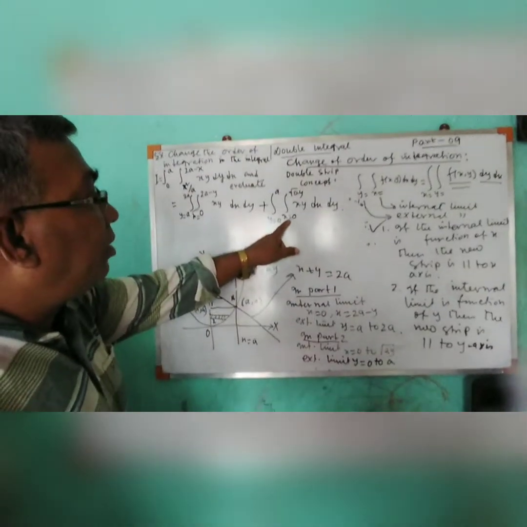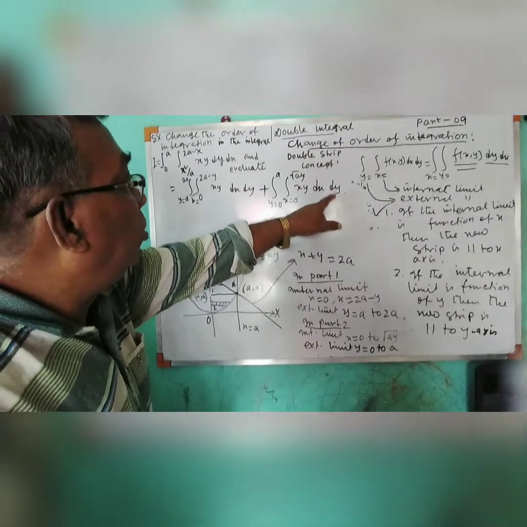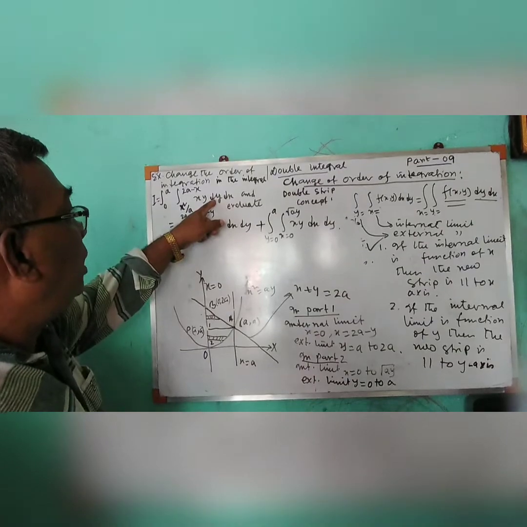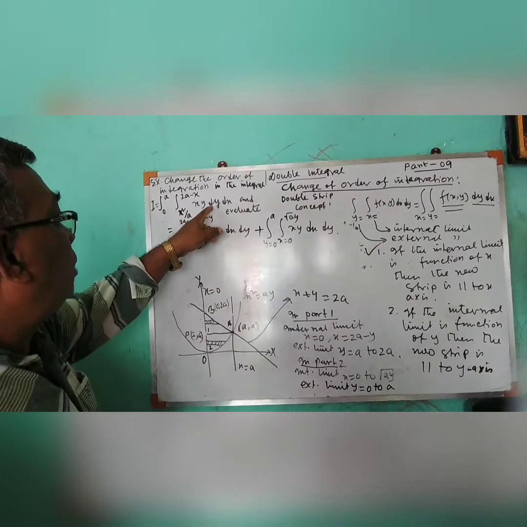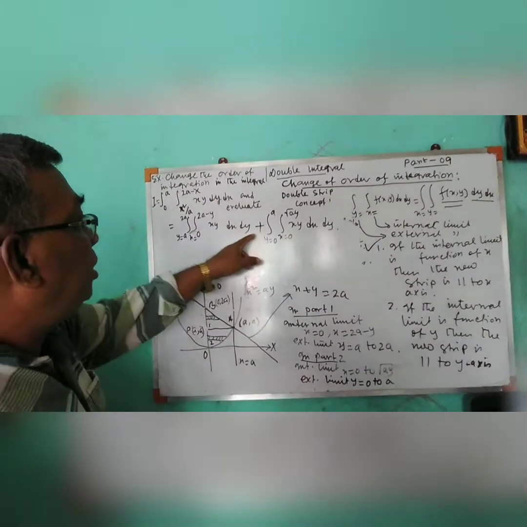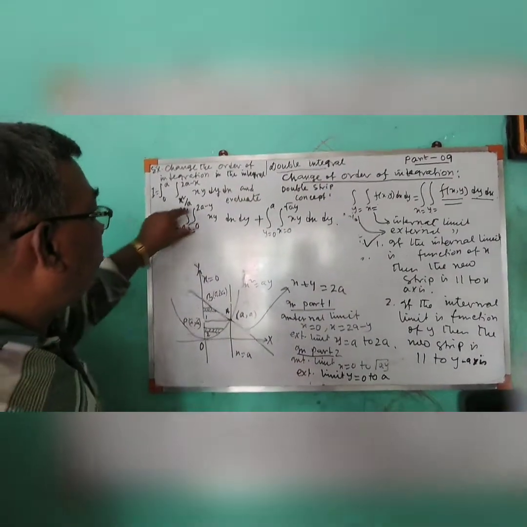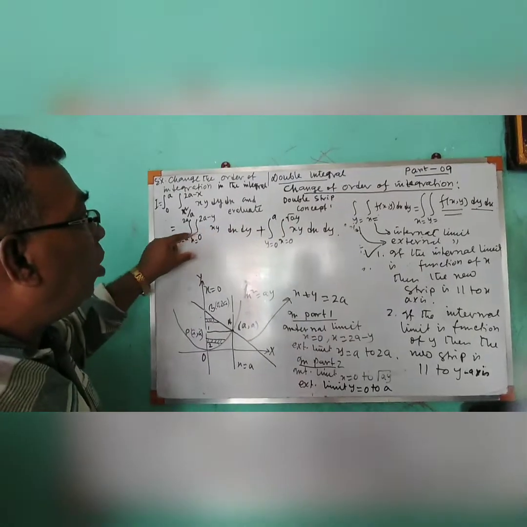Because here x equal to, so it will be dx dy, not dy dx. Be careful, because earlier it was dy dx, it becomes dx dy, and this portion is after changing the order of integration.